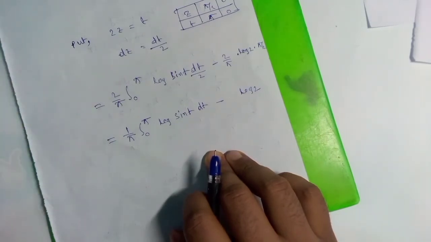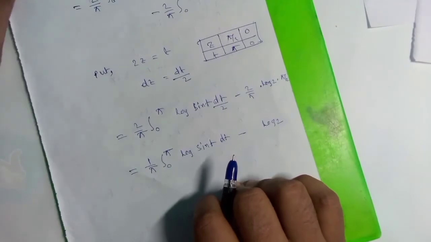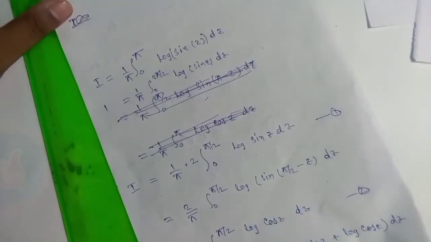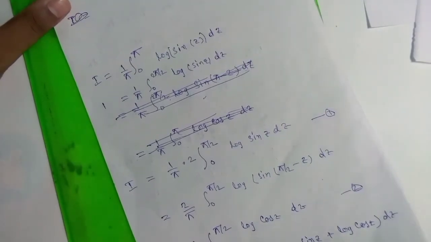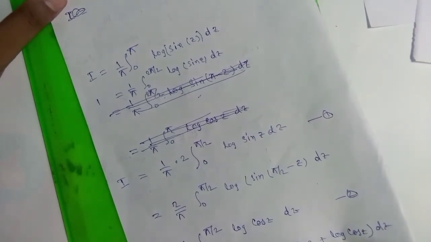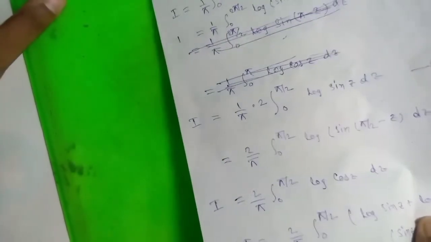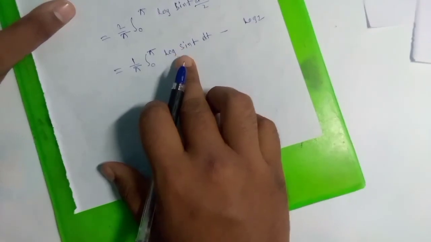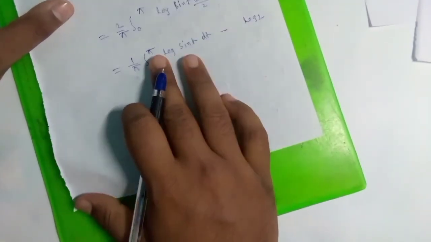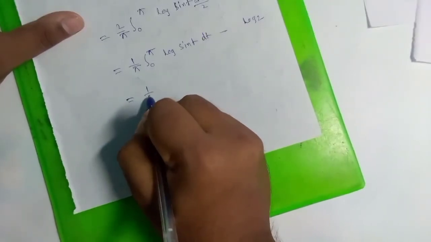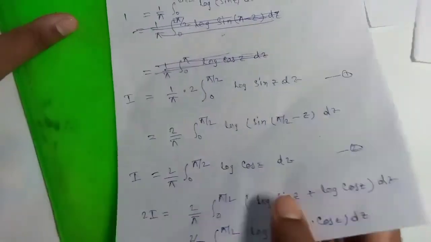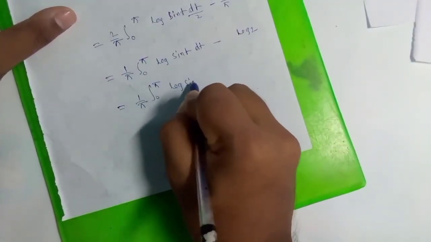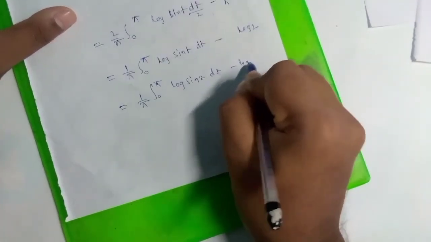If we change this variable to z, this is log of sin z dz minus log 2.